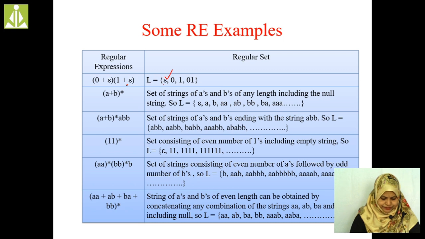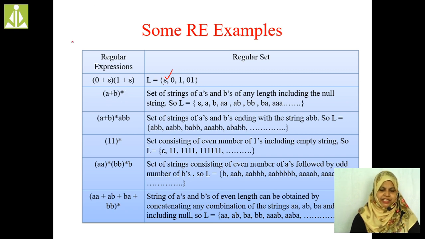Next is A plus B whole star. A plus B whole star means the set of strings of A and B of any length including the null string. A plus B means here it is the union of A, B. Plus means union, right?